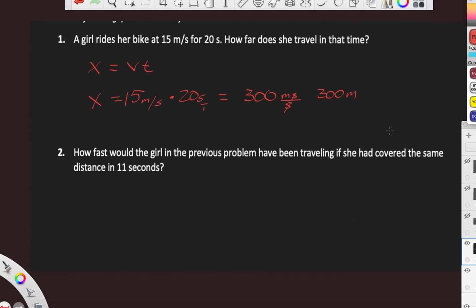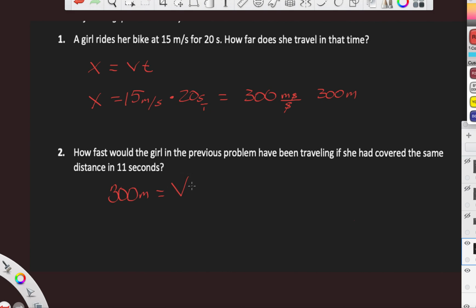And then the next question says, how fast would the girl in the previous problem have been traveling if she covered that same distance in 11 seconds? Okay, so we're going to say the distance, 300 meters, equals some unknown velocity. How fast would she have to be traveling?